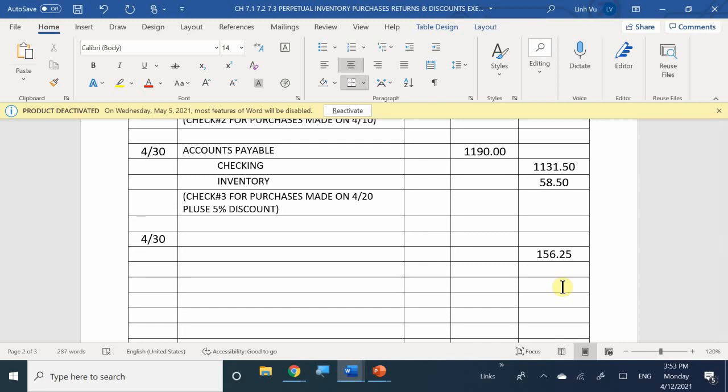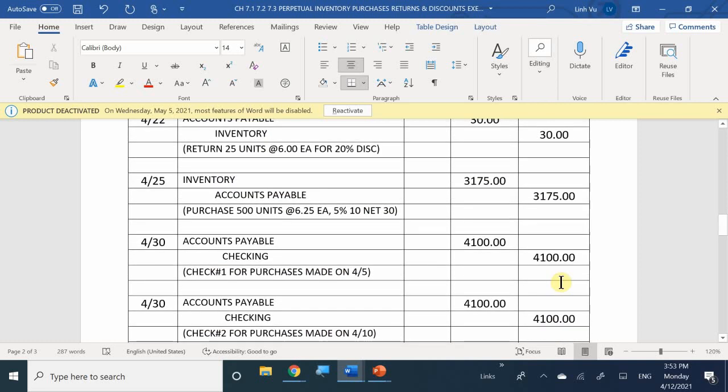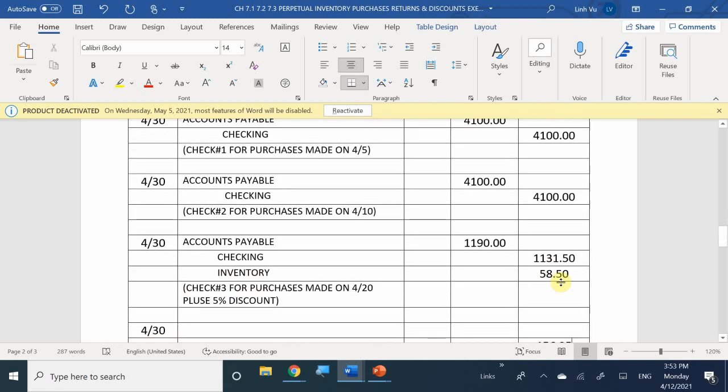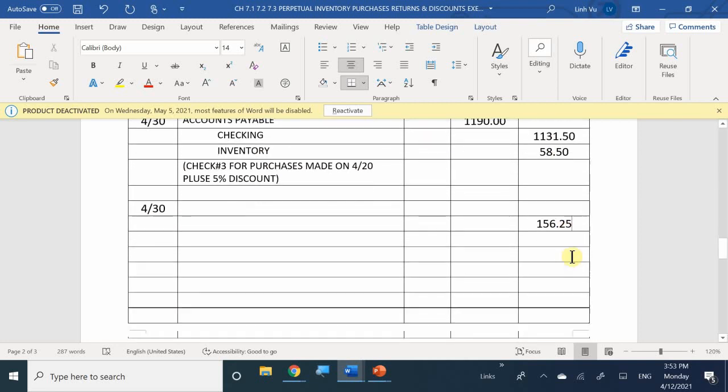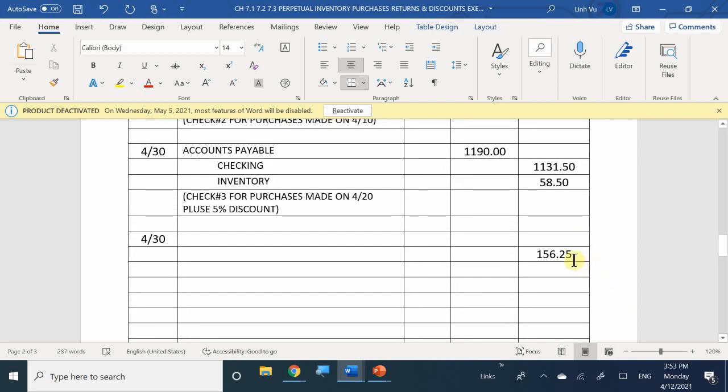Where did you get $29 from? 5% of the 31.25. 5% of the 31.25 is how much? 156.25. Okay, where did that 29 come from? Oh, okay. I see what you mean.